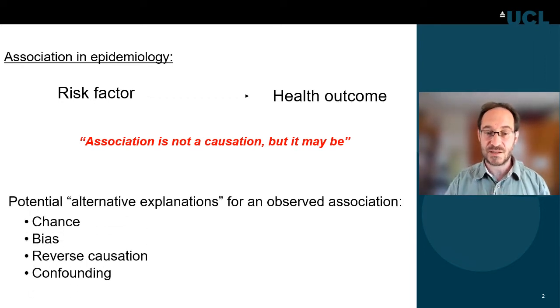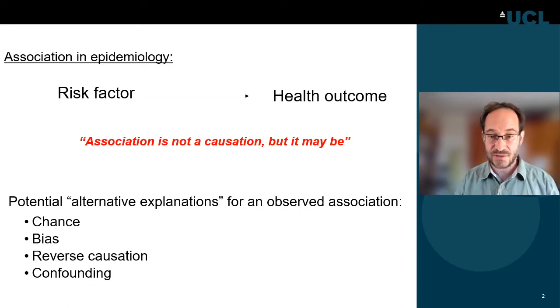So what are these potential alternative explanations? This can be chance, bias, reverse causation, or confounding. So as you can see, confounding is one of these potential alternative explanations which may be responsible for an observed association other than being causal.